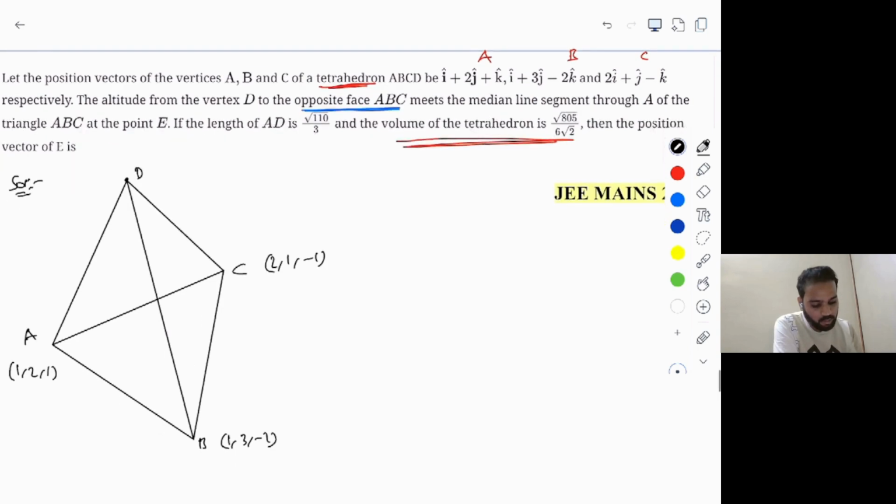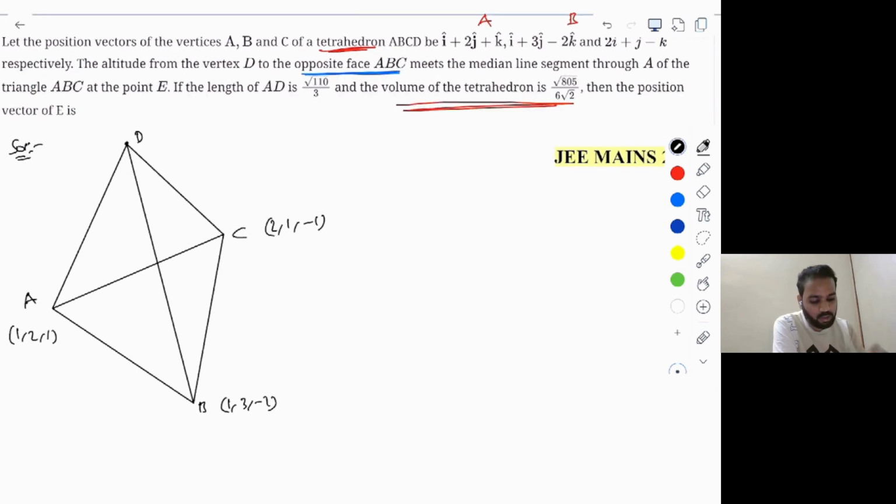And now, the next part is what? Altitude from the vertex D to the opposite face ABC meets the median line through A of the triangle ABC, which means, first of all, you need to construct a median through the vertex A to the opposite side here. Okay.